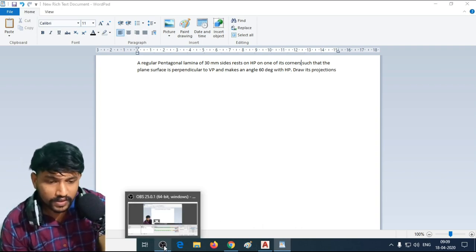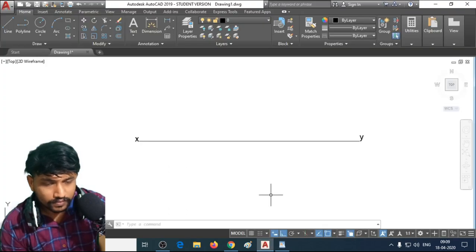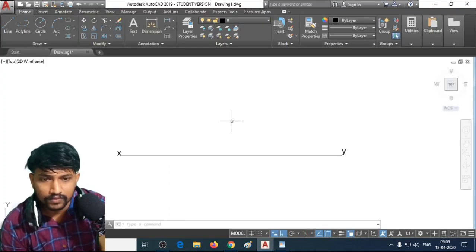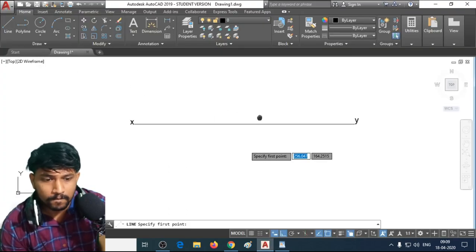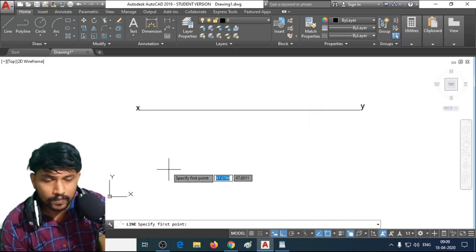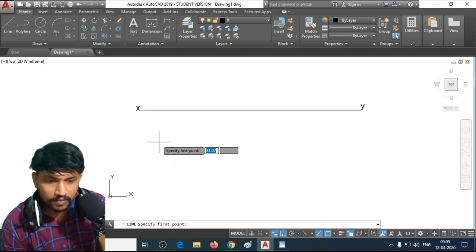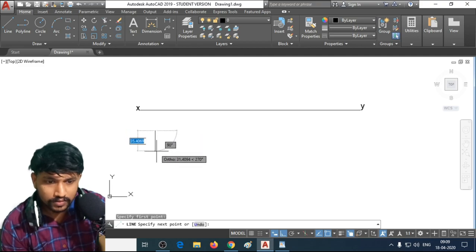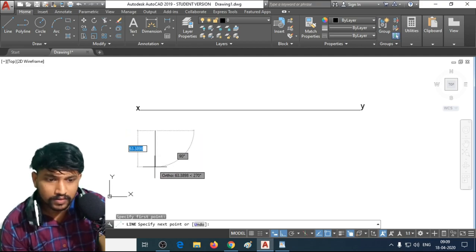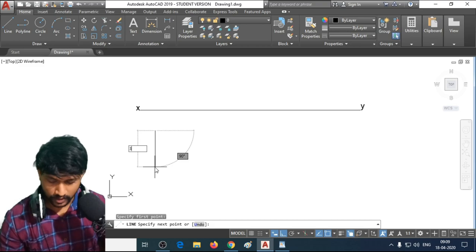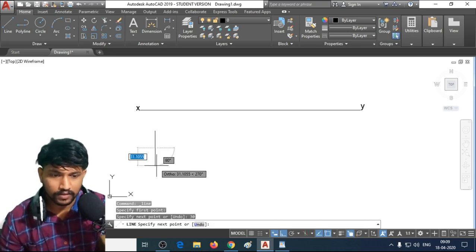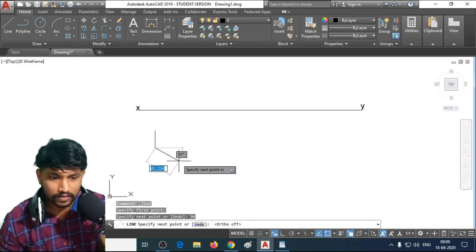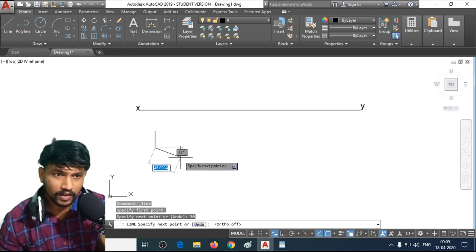So let me open the AutoCAD. I have to take a dimension of 30 and then 90.